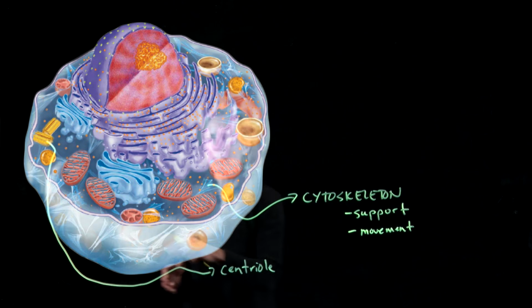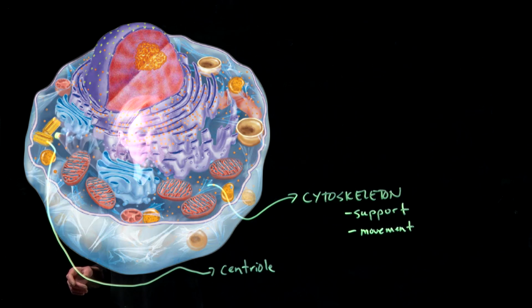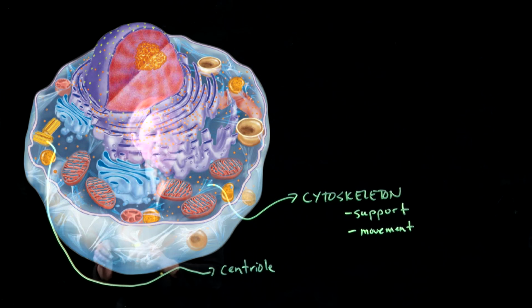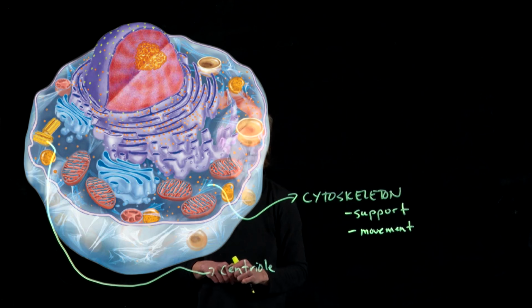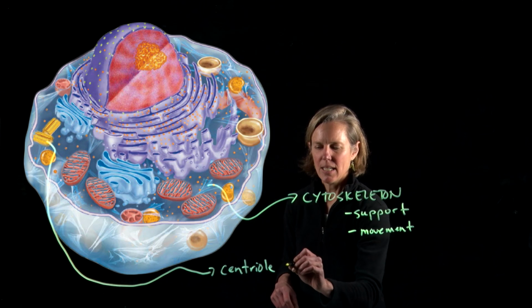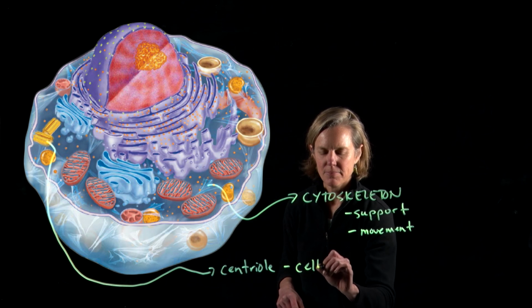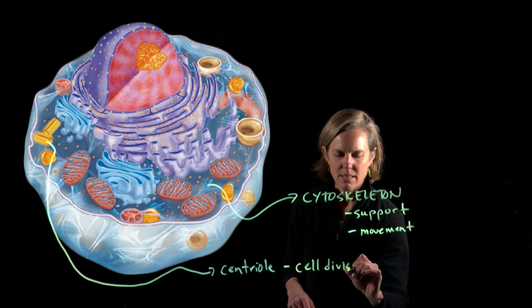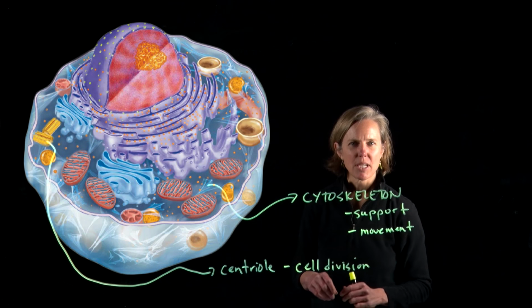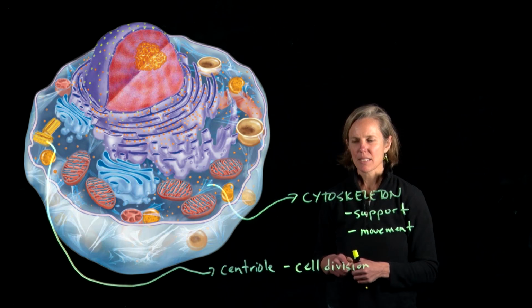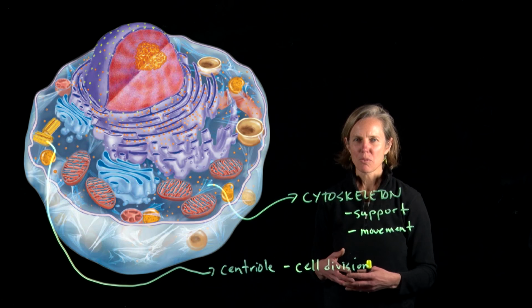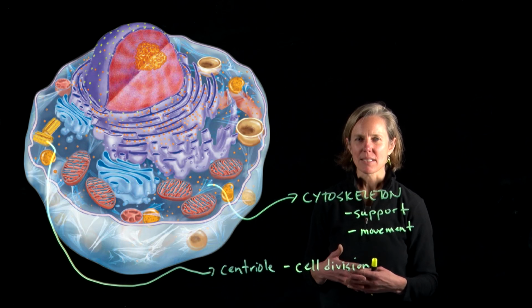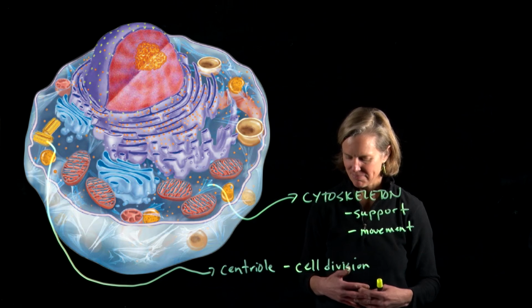It has this very distinctive structure of two barrels positioned 90 degrees to one another. It's involved in cell division. Specifically, it's involved in separating chromosomes during cell division. So we'll talk in a lot more detail about the structure and how the centriole works when we talk about the processes of mitosis and meiosis.